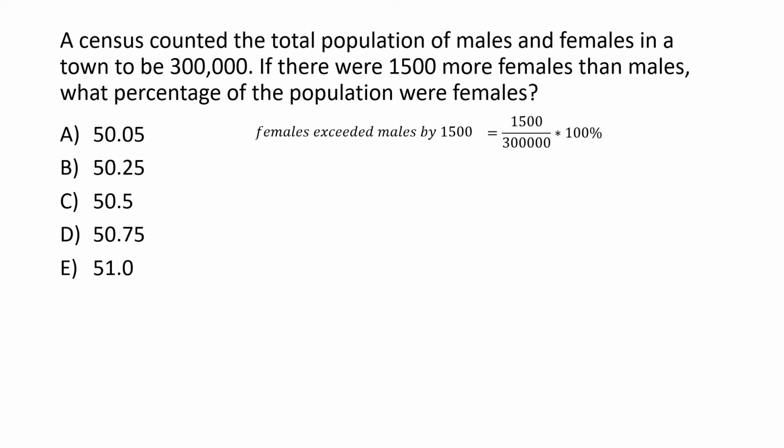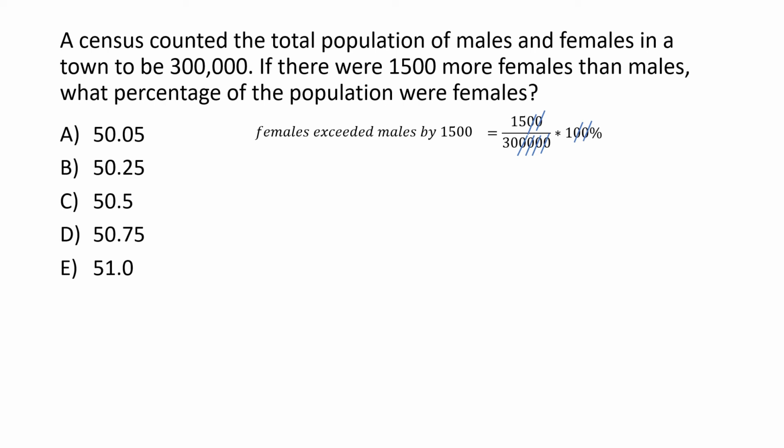So we can cancel out the zeros from the numerator and the denominator. We have 2 zeros that will cancel out, and then 100 also has 2 zeros, so we can cancel out 2 more zeros, and we are basically left with 15 by 30.